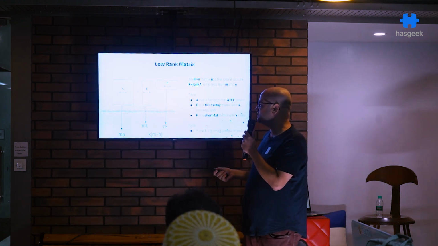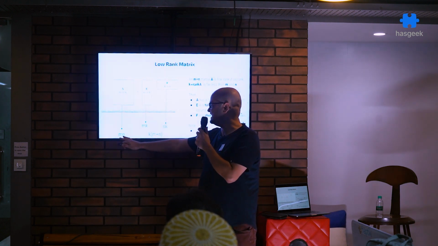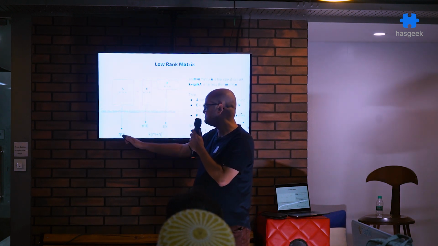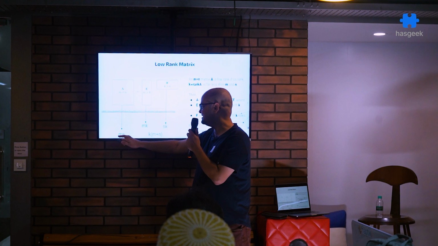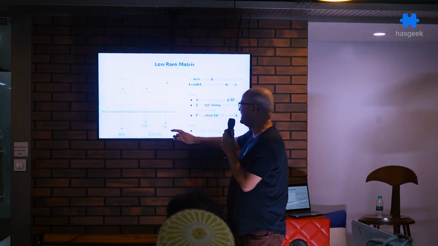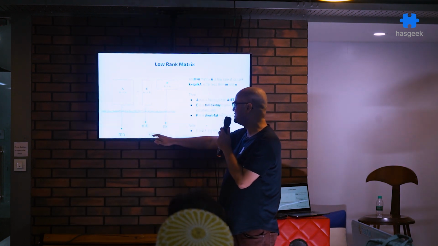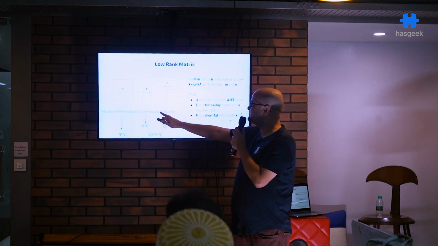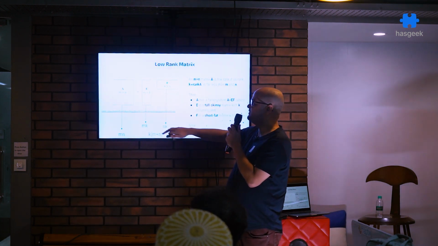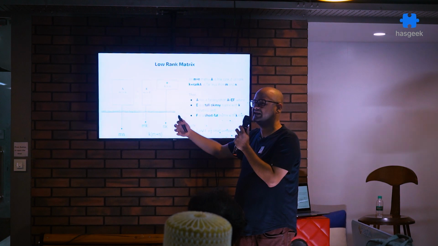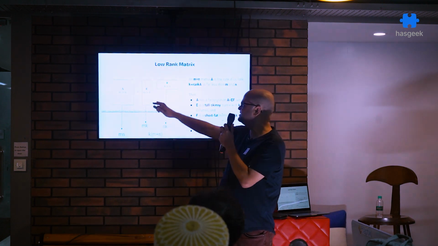Why is this interesting to us? Because A has m and n. The number of elements that A has is m into n, and m and n are orders of magnitude larger than k. So if you look at this factorization, for everywhere that we are using A for any kind of matrix operation, we can replace that with this.